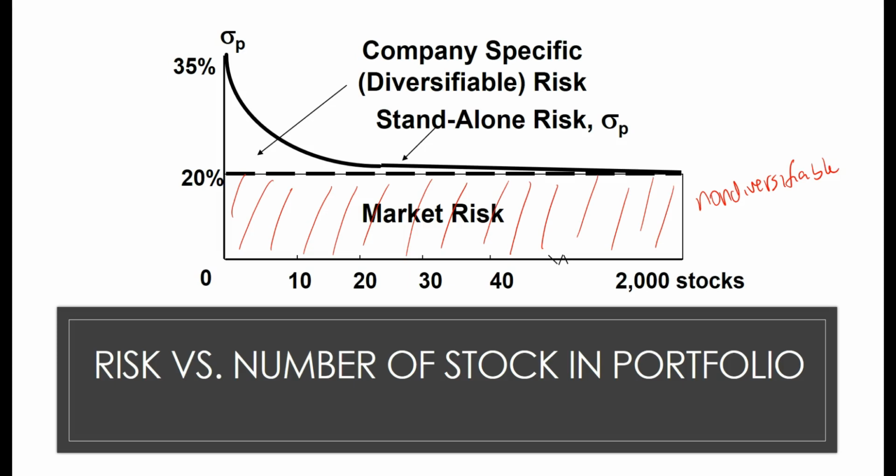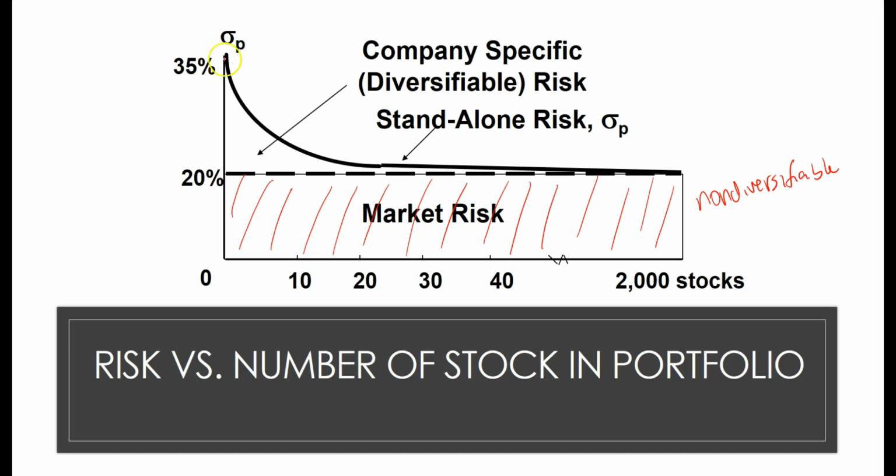Cannot get rid of it no matter how many stocks you have in your portfolio. Now above that invisible dotted line, risk can be reduced. It can be eliminated. If we choose to add assets that aren't perfectly positively correlated or that are negatively correlated, we can eliminate risk by simply adding stocks to our portfolio.